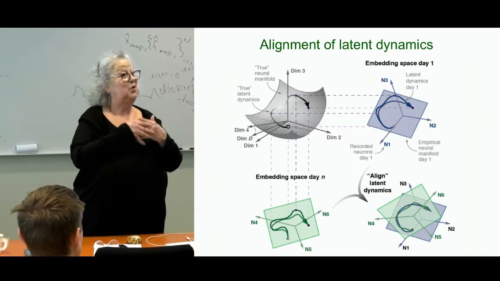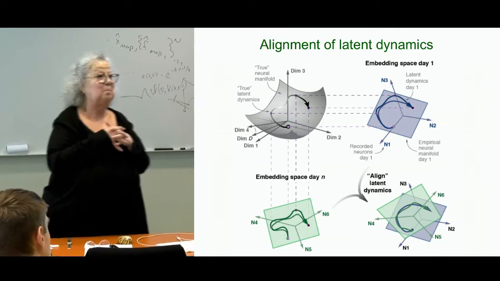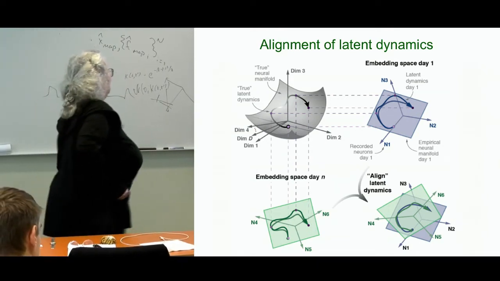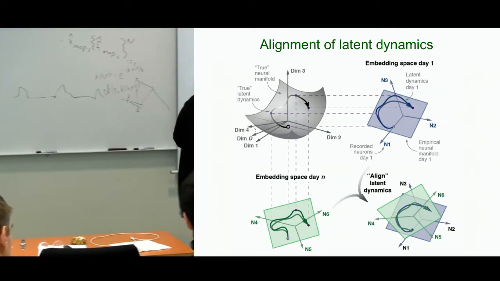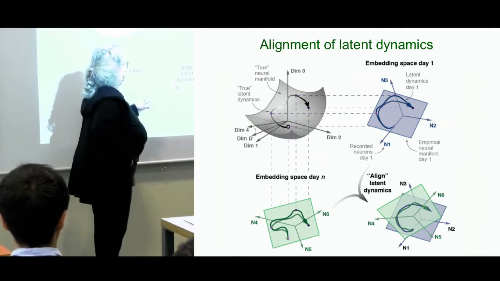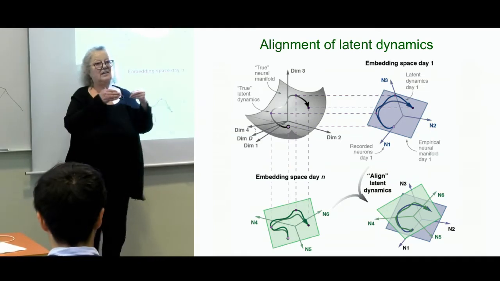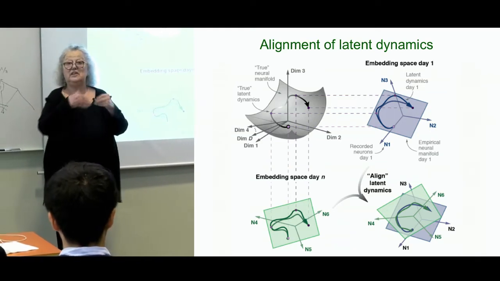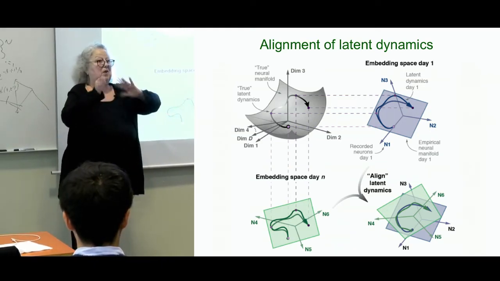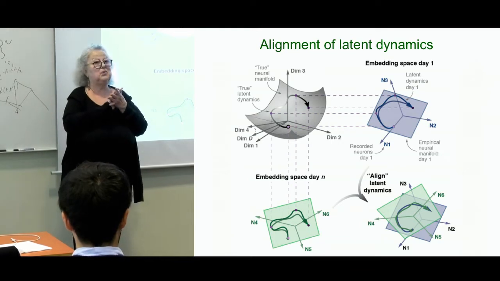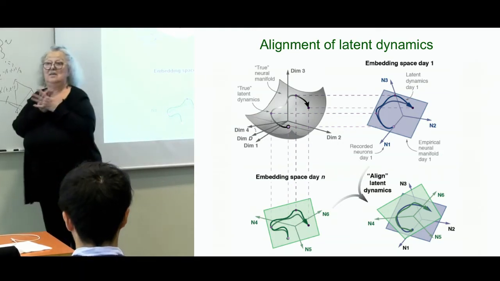So how am I going to deal with that? And how am I going to compare those recordings? And so we found, and that's what I'll tell you about, a linear method for aligning these dynamics. What we think is, okay, it's the same object. You are just looking at it from different perspectives. You're projecting it on different axes, and there should be a way of aligning it in order to understand that it is the same object.